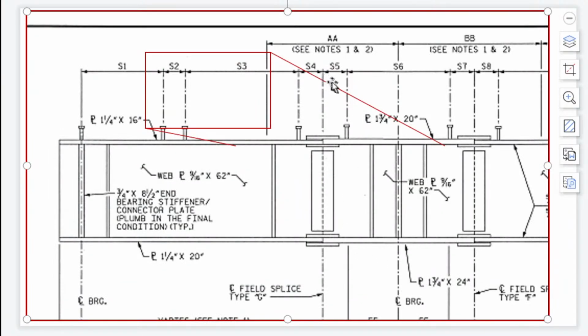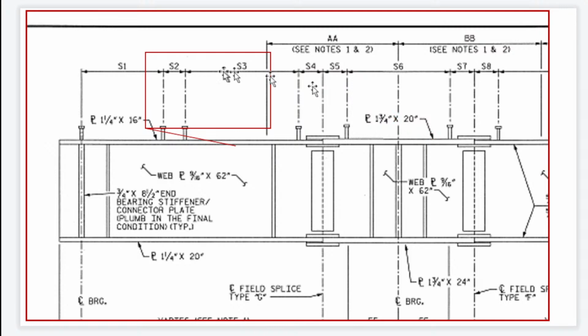So it is a lot bigger now. This is what we call girder elevation. Actually this is the fourth page, the girder elevation.